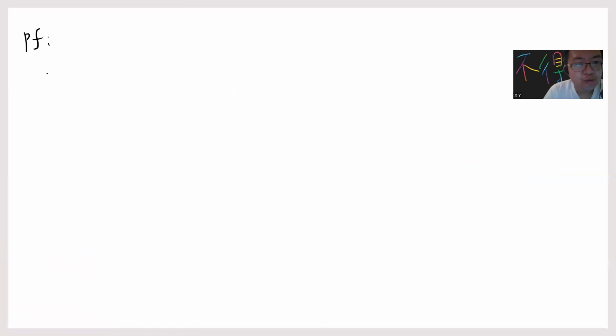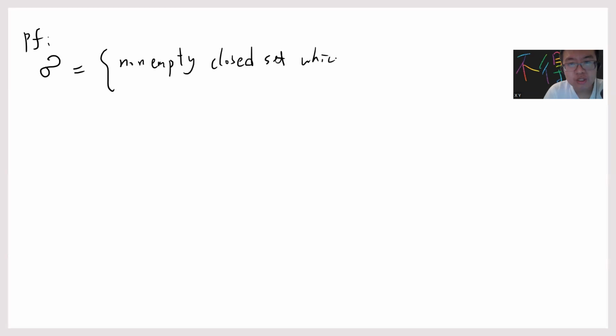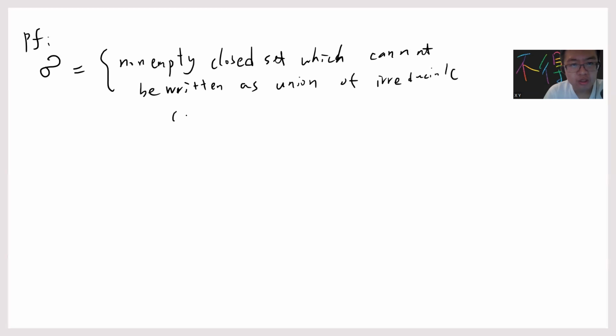Yeah, it's for tautology, so you can denote sigma to be the non-empty closed set which cannot be written as the union of irreducible closed sets, as a union of irreducible closed subsets.